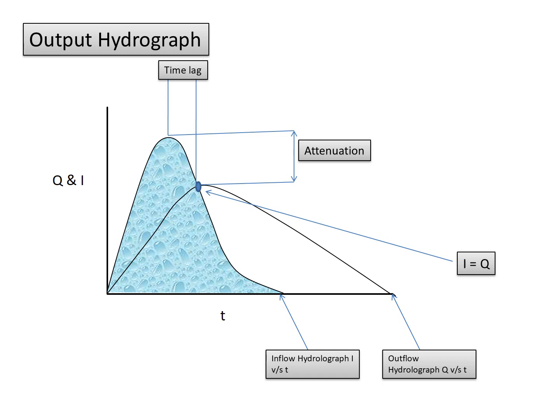So there are two types of sections: the first blue hatched section shows the storage of the water, however the second, empty portion shows the discharge or the withdrawal of the water. So there are two important terms, the time lag and the attenuation, that we have to note for our further analysis.